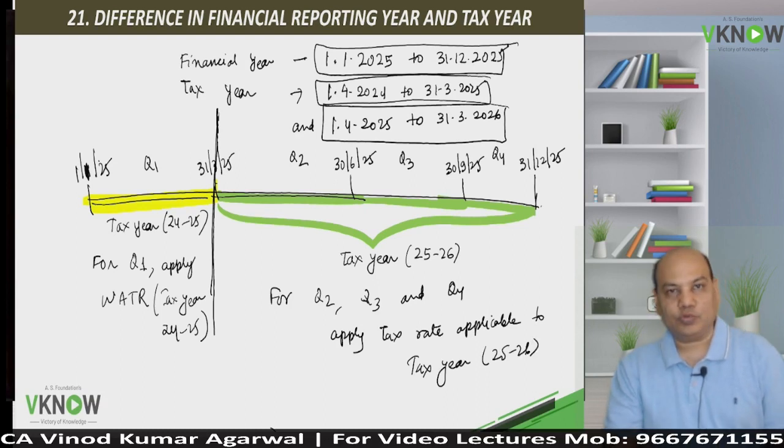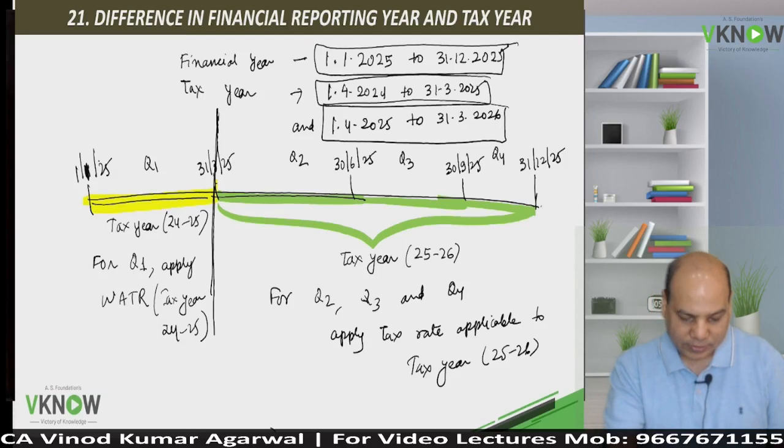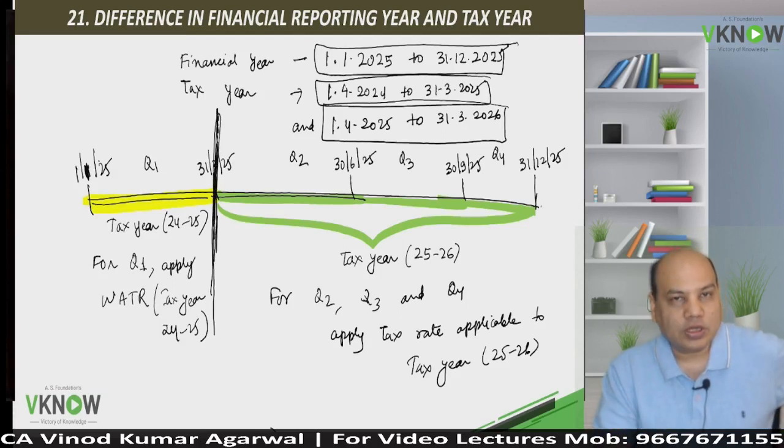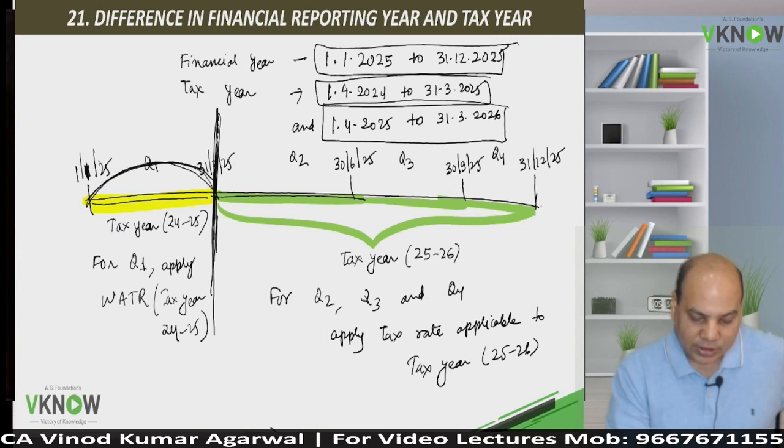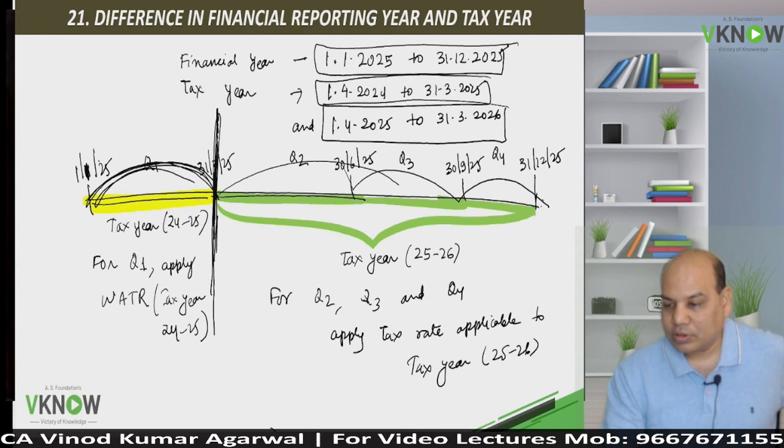So can we have 2 weighted average tax rates? Yes. If a financial year falls under 2 tax years, then we'll have 2 weighted average tax rates, one for the first tax year and then for another tax year. So that is the concept of difference in financial year and tax year.